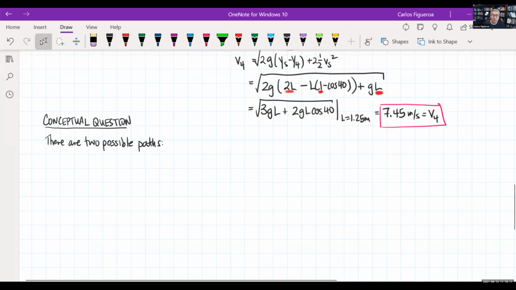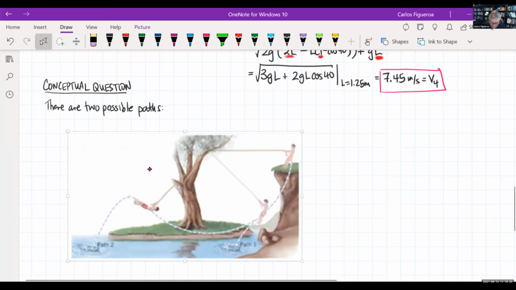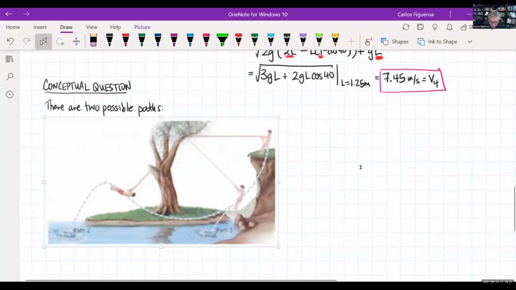And what I'll do here is let me bring in the image. I got this out of a textbook, which I thought was a good image. And it looks like this. So you could see here that one possible path is that as this person jumps off this little cliff, you could see that one path is going to follow this path right here.